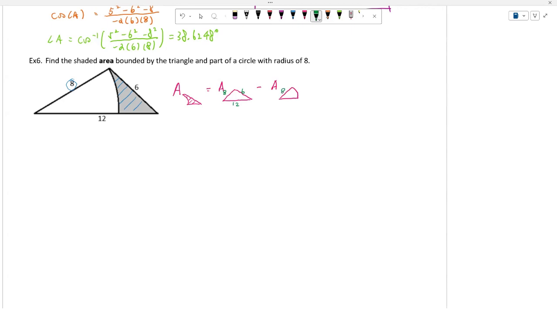If I want to find the area of the triangle, and this angle right here is theta, then it is equal to 1/2 times 8 times 12 times sine of the angle theta. And then minus, in chapter 5 we have learned how to find the area of the sector already, which is 1/2 theta r squared.